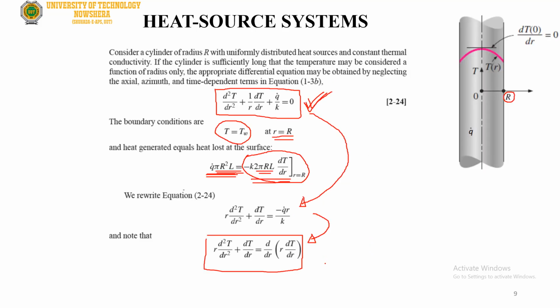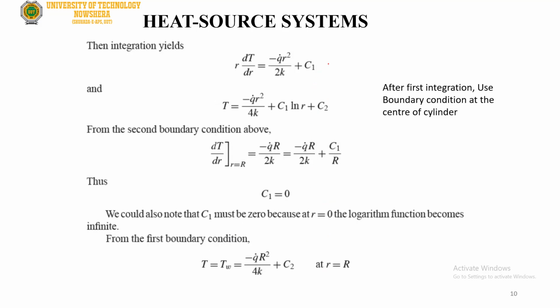So integrating this equation one time, we get this equation. Remember, after first integration, constant C1 is now involved. So what we need to do is put boundary condition number 1 after first integration. What is boundary condition number 1 in this case?